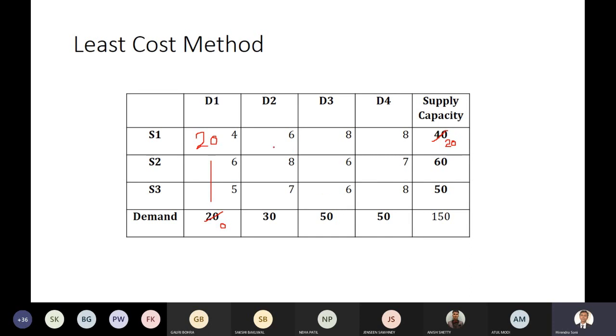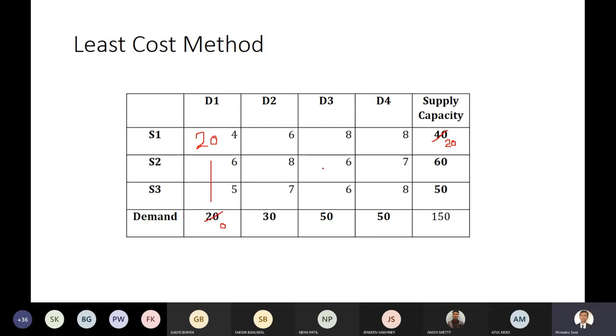Now, this we will ignore and we'll choose these two. Let us look at these two. I will be able to allocate 50 here. Even here also 50 is only possible. Now, let us think a step beyond.